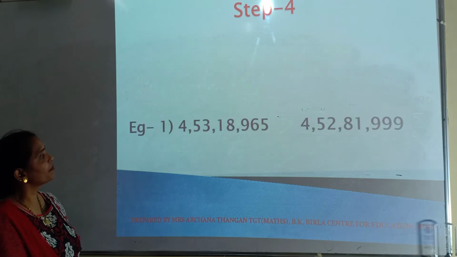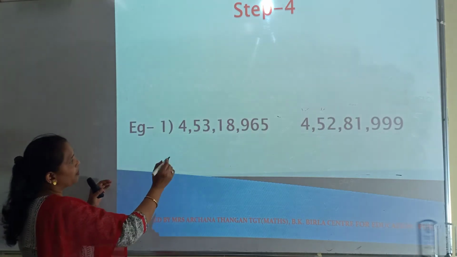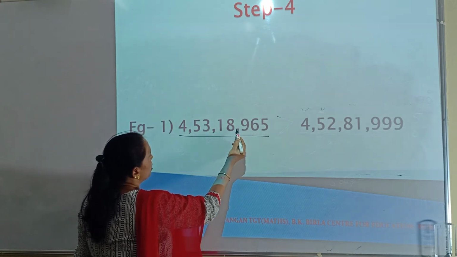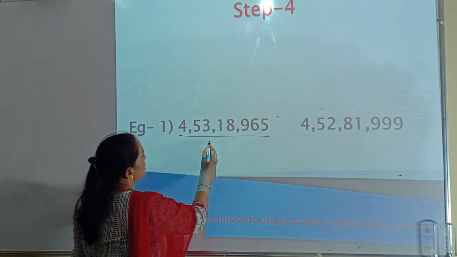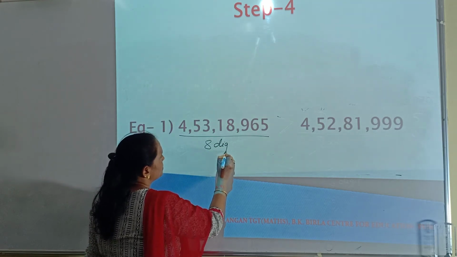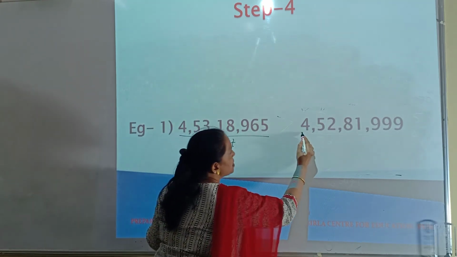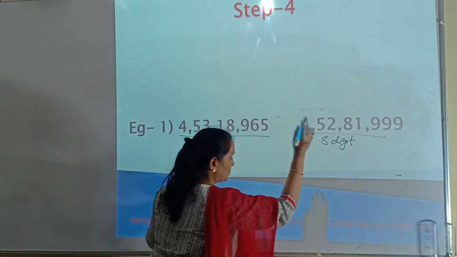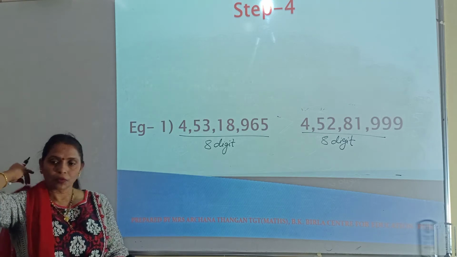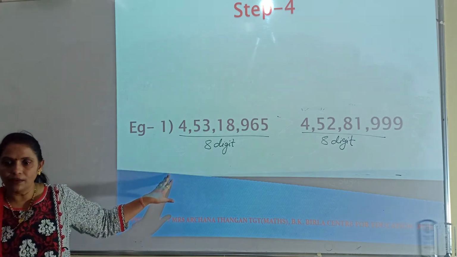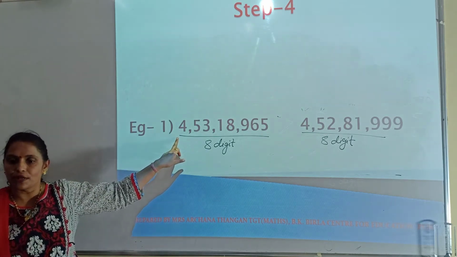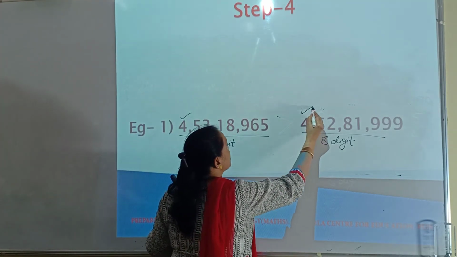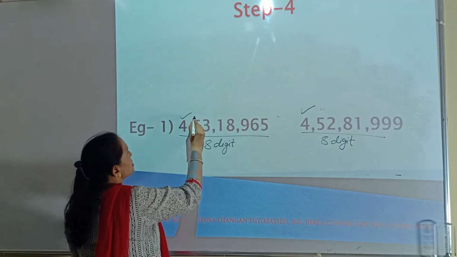In the fourth step, we have to check the number of digits. So 1, 2, 3, 4, 5, 6, 7, 8. This is an 8 digit number, and this is also an 8 digit number. Here the number of digits are equal, so we need to check the first digit. Here the first digit is 4, here is also 4. Now the second digit is the same, 5.